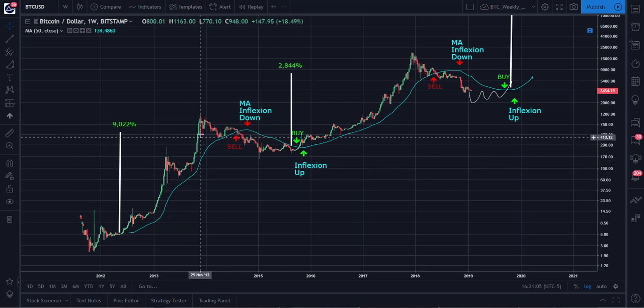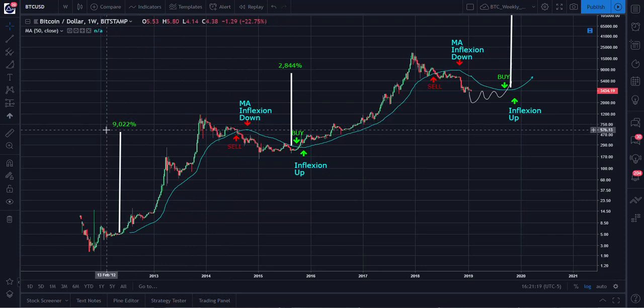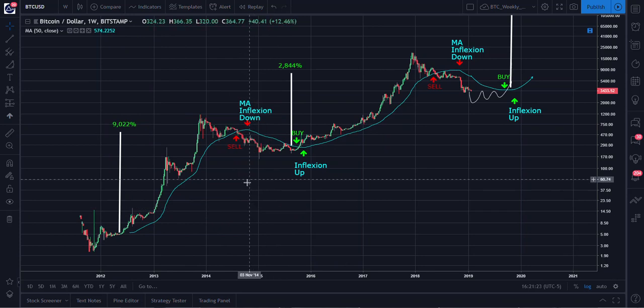We held it until price crossed decisively, in that it stayed below the 50-week moving average, and that's when we sold. That would have delivered 9,022% in profits. Now note how the crossing of the moving average is in advance of the inflection point.